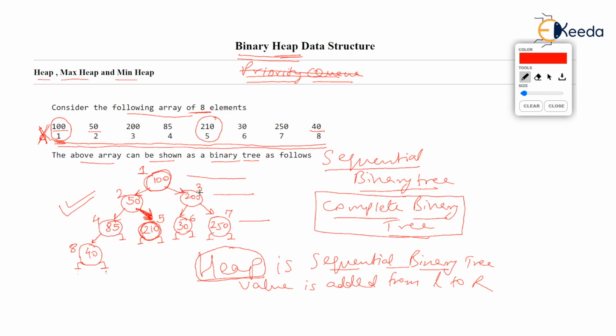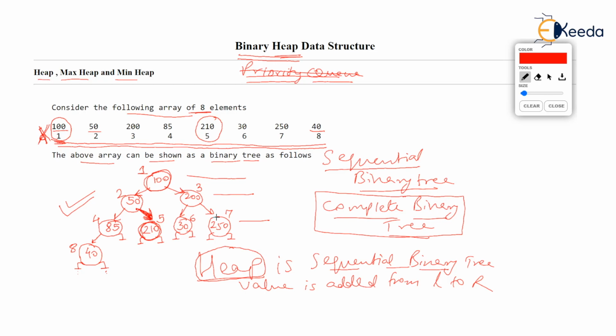Just multiply this 3 by 2. 3 into 2 is 6. So you will get node 6, which is 30. This is nothing but the left child of 200. And for the right child, the parent number 3 is multiplied by 2 and 1 is added. 3 into 2 plus 1 is 7. That will give you the right child.